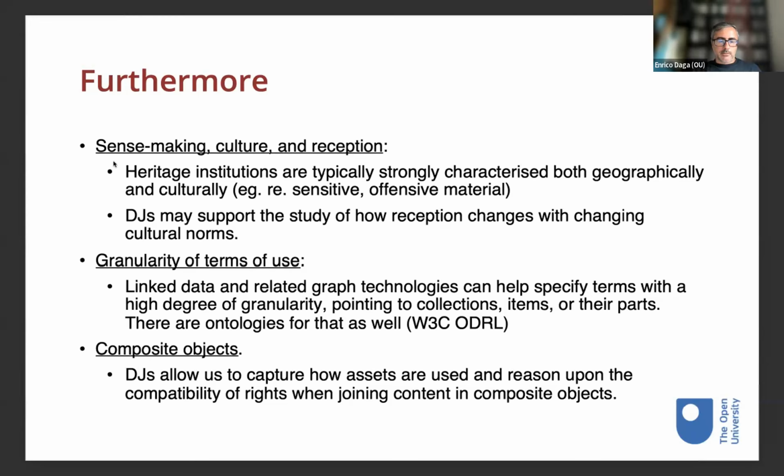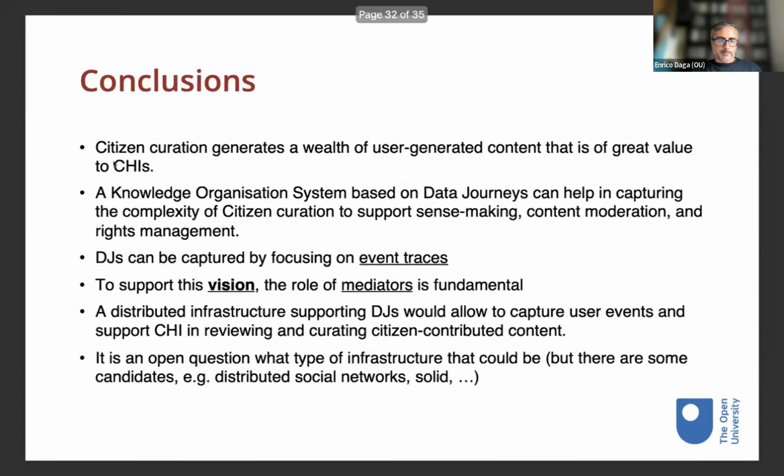And this applies also to the way we conceptualize composite objects. We don't yet know very well what happens when you put together different objects with different copyrights or terms of use, and you don't know what this new object should be, how it should be treated.